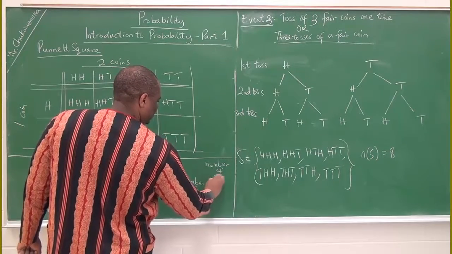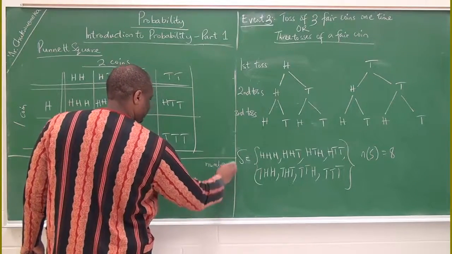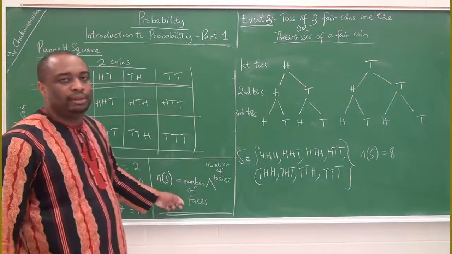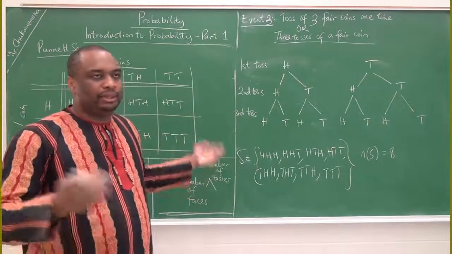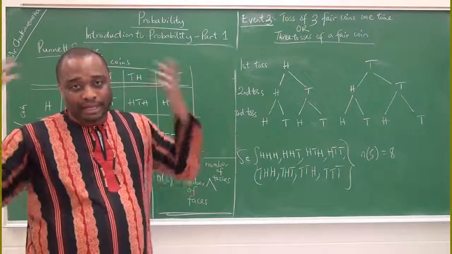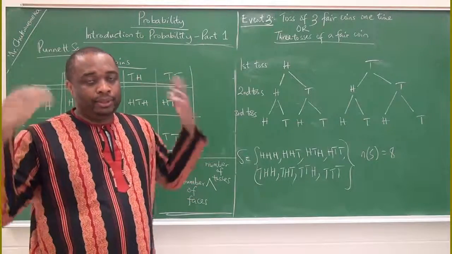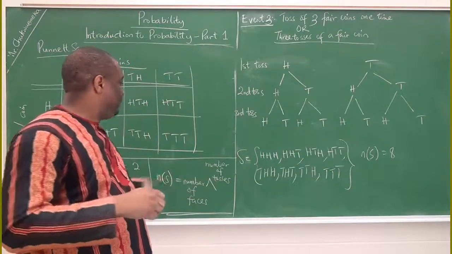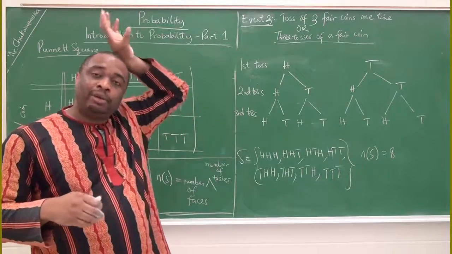You probably won't see this formula in your textbook, but just take note of it. I've not seen it in a textbook. I made it up through solving this kind of questions.